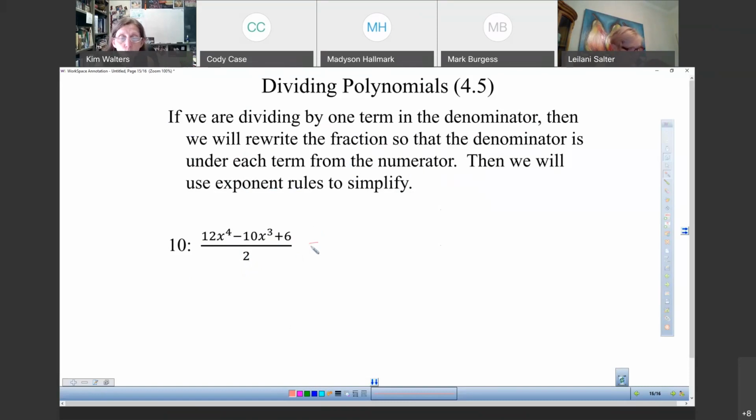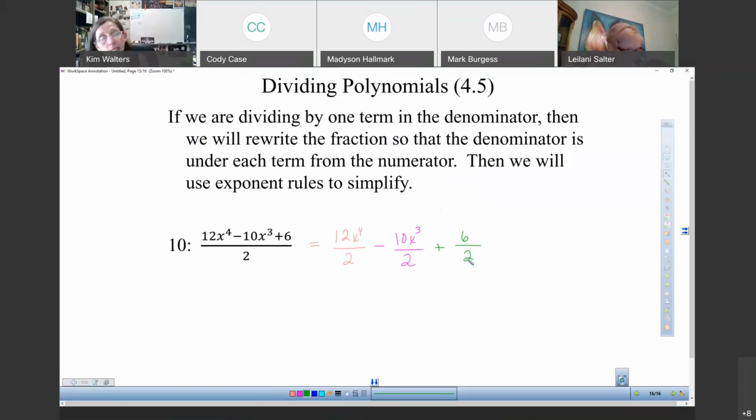And so I'm going to rewrite this as 12x to the 4th over 2, and then minus, because I've got a minus here, 10x to the 3rd over 2, and then plus, because I have a plus here, 6 over 2. And we're going to simplify it like this.